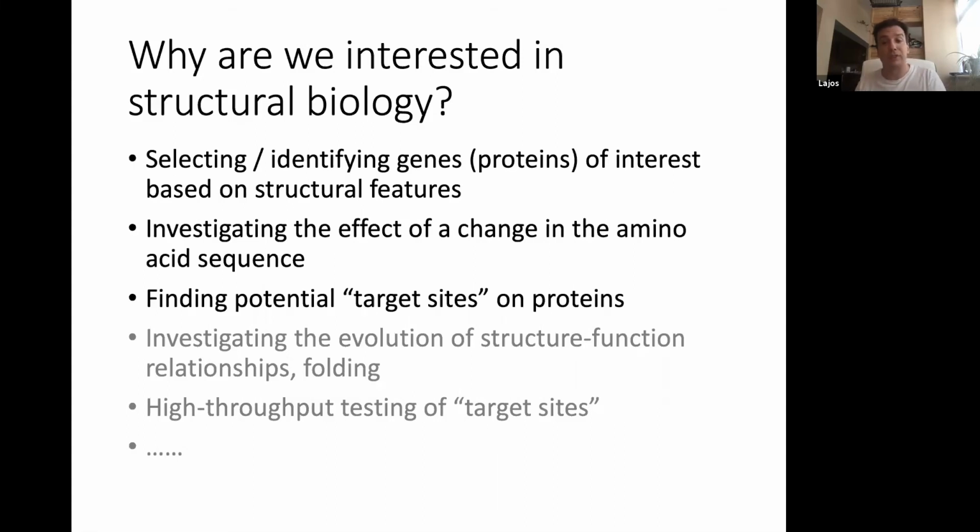And usually the first step to shrink this data set to a smaller set of potential molecules is an in silico step, when you try to put your molecules on the protein. And of course, there are many other ways you can use protein structural biology.